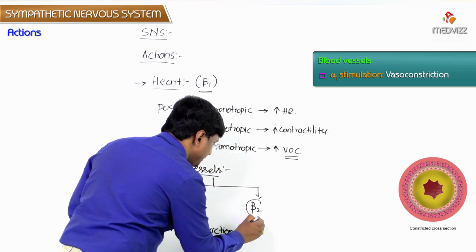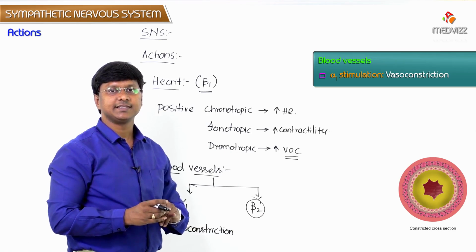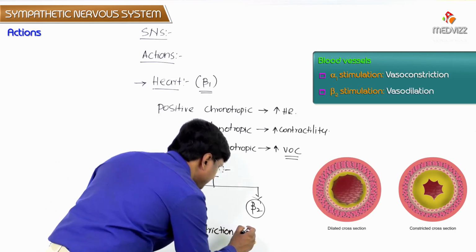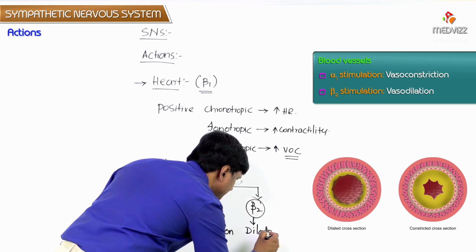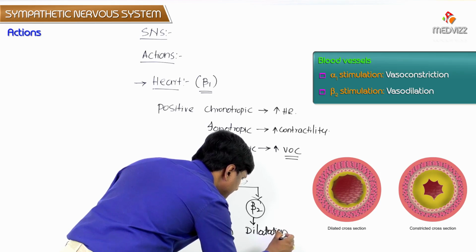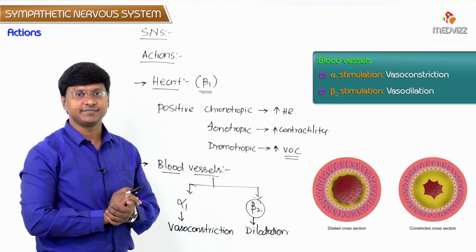Whereas if the beta 2 receptors are stimulated, that will lead to vasodilatation, that is, dilatation of the blood vessels.